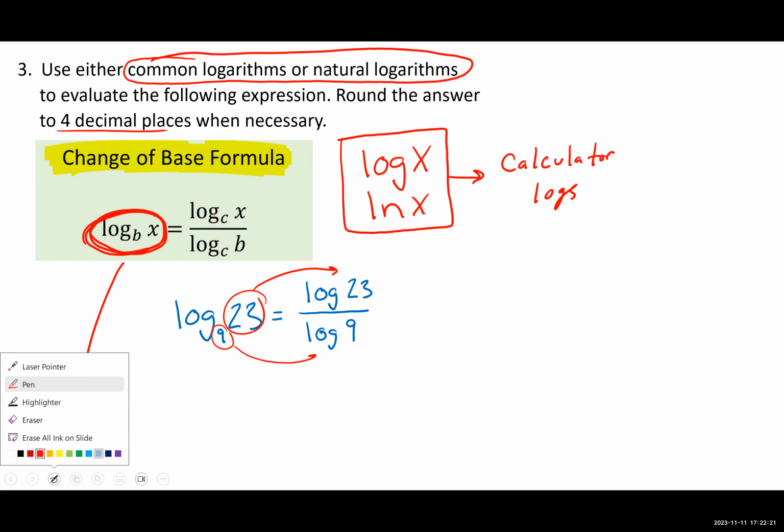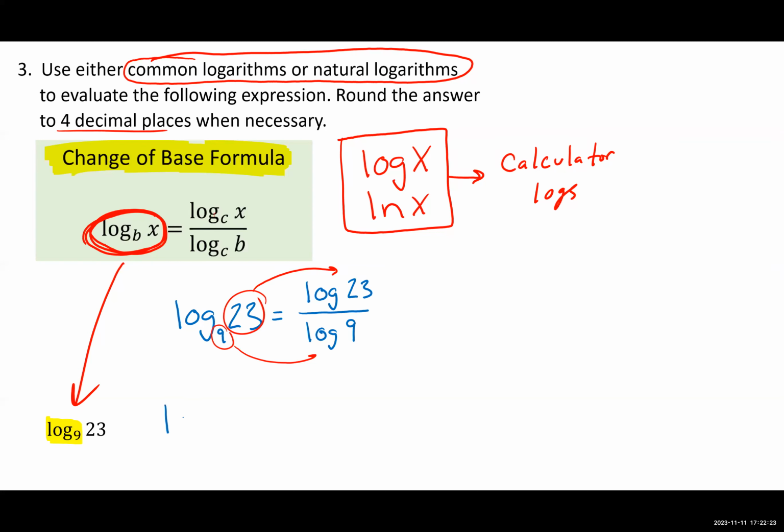But if you don't want to use the common log, we could alternatively say the log base 9 of 23 is the log base e of 23 over the log base e of 9. Same thing. Big number goes on top, little number goes on the bottom. Use any base you want.